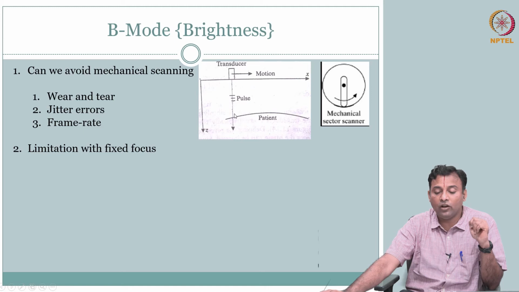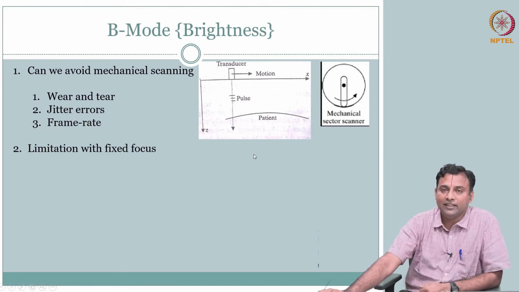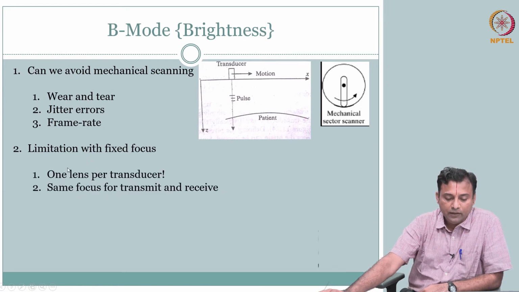You want ideally all the pixels in this image to be at the focus, right. But here you are clearly limited. You have only one transducer which comes with a fixed lens, and therefore there is only one focus. So that is a challenge, right. Both transmit and receive use the same lens. So you have a problem.